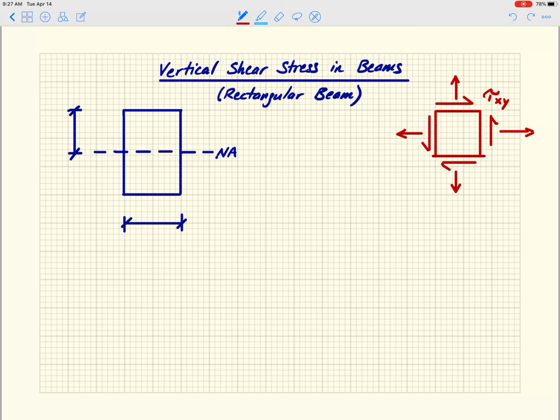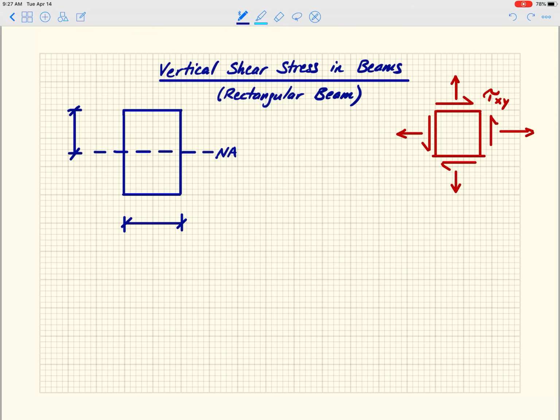And so we dropped this idea of tau yx because since they're always the same, we just call them tau xy. So if we can calculate the horizontal shear stress at any point, that also equals the vertical shear stress at that point. And that's exactly what we're going to do here.